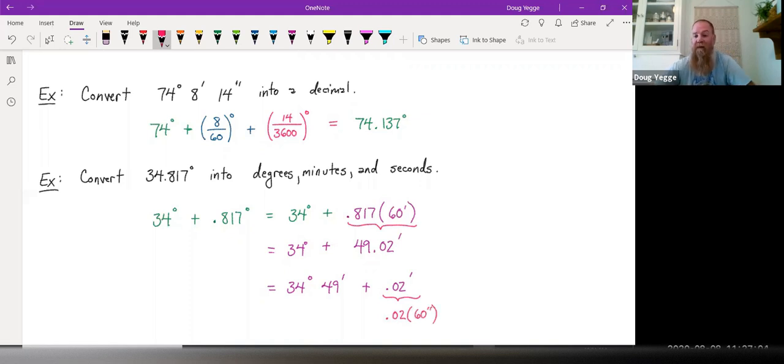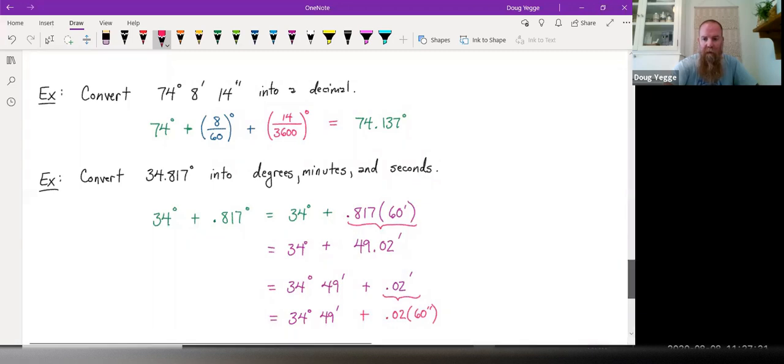Okay, so if there's 60 seconds per minute, then 0.02 parts of that minute is 0.02 times 60 seconds. So this still gives me my 34 degrees and 49 minutes. But we're now simply adding on 0.02 times 60. Okay.